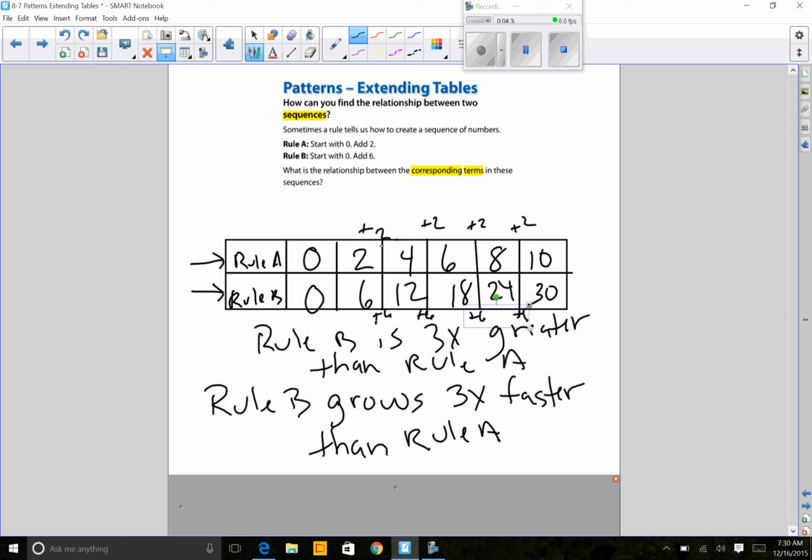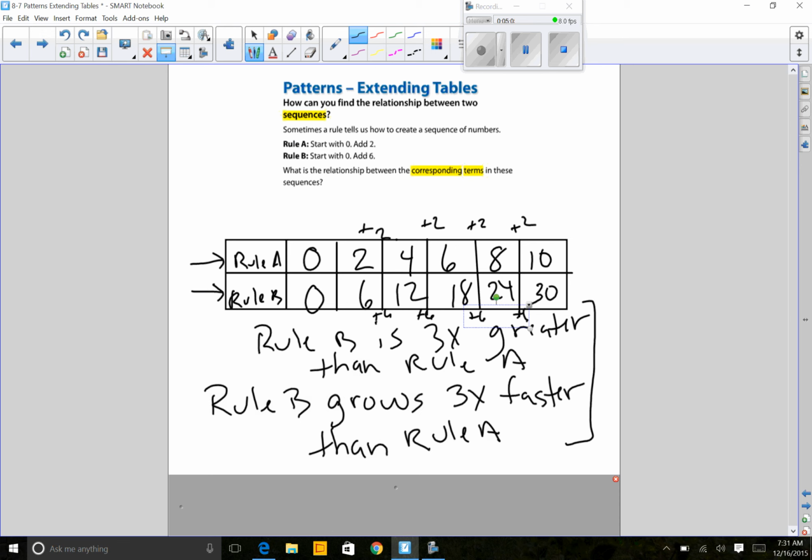This is growing by 2 every single time, and this is growing by 6 every single time. This is getting much bigger, much quicker. So those are two relationships I can find with these two corresponding sequences: rule B is 3 times greater than rule A, and rule B grows 3 times faster than rule A.